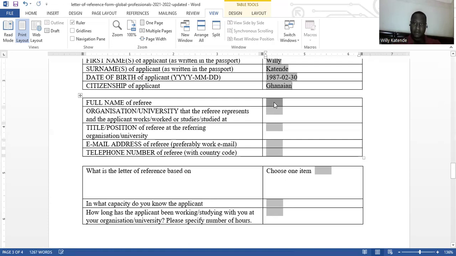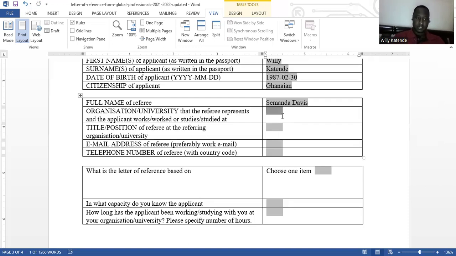Then you have to put the full name of the referee. Maganda Davis. Organization or university that the referee represents, and the applicant works or worked or studies or studied at. So you put here the organization's name.